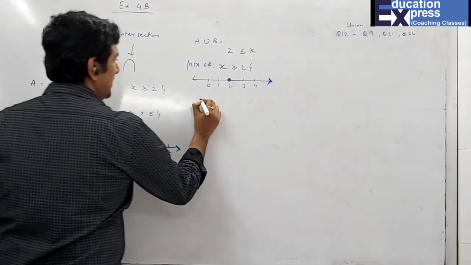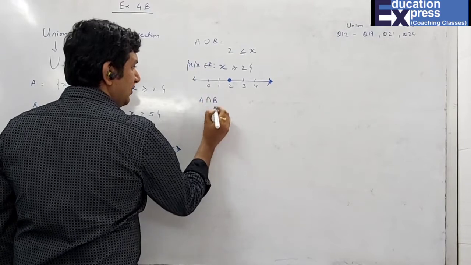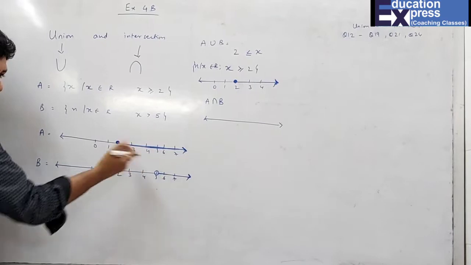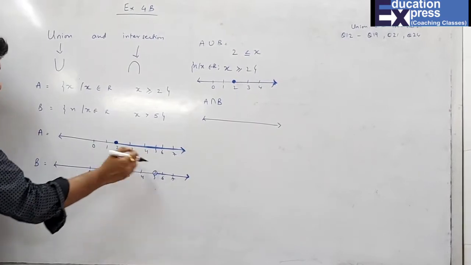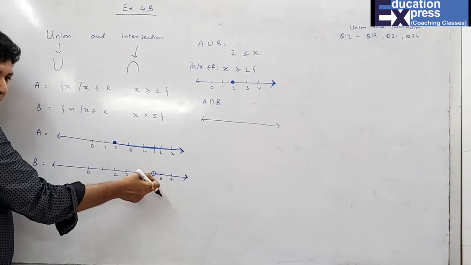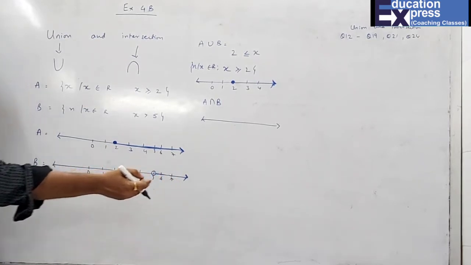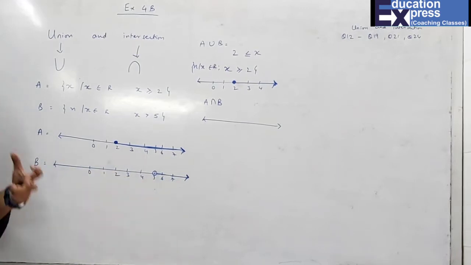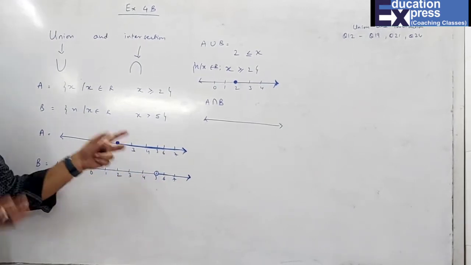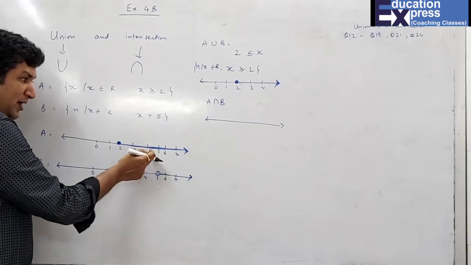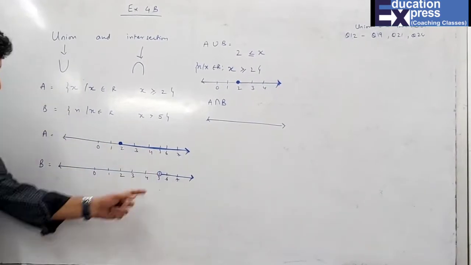And now for intersection, minimum left, minimum right. So obviously the minimum left is what? 5, because it starts only from there. If I compare, this is the maximum, this is the minimum. So here it starts with 5. For intersection, the number should be there in both. So obviously 2 is not there, 3 is not there, 4 is not there, 5 also is not included.